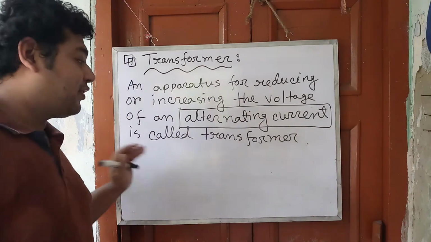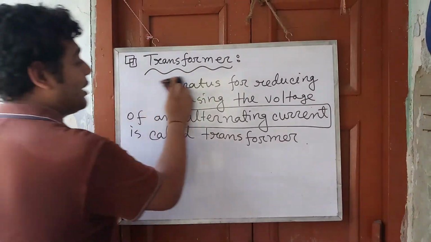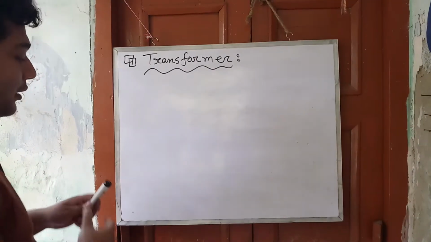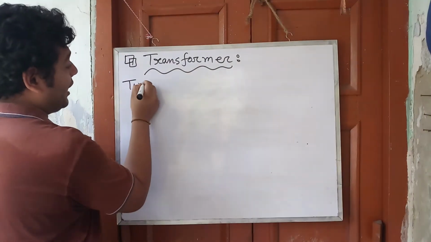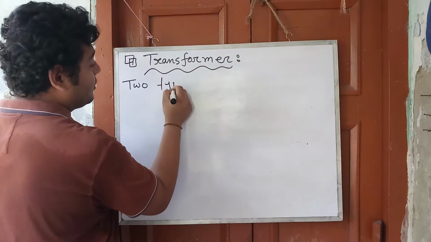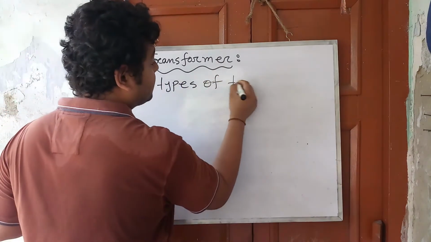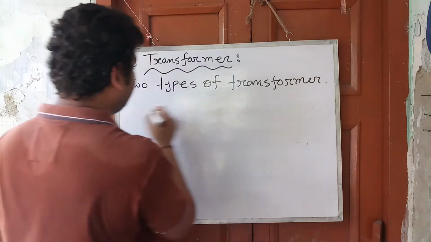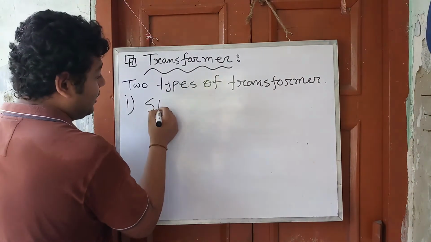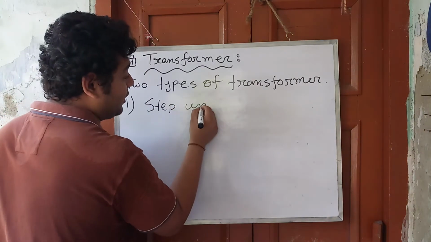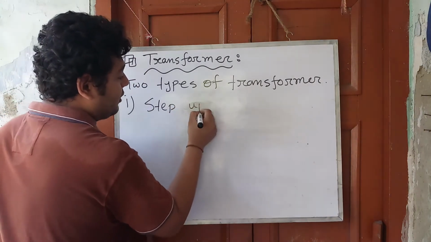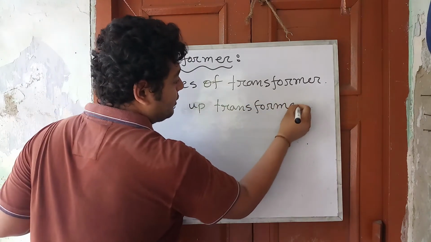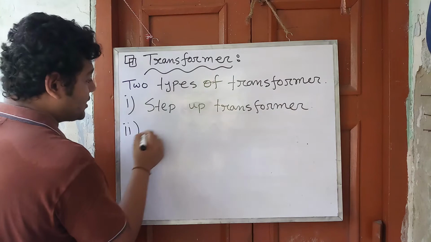So this is the definition of a transformer. We have two types of transformer: one is the step up transformer, another is the step down transformer.